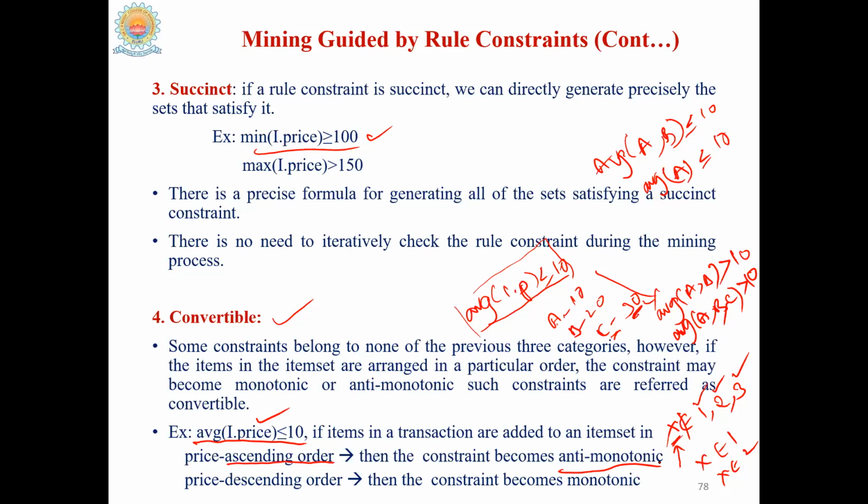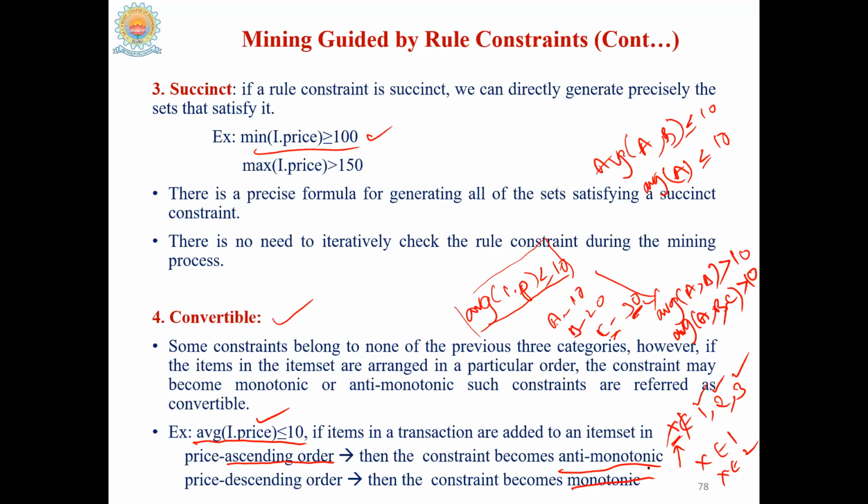Similarly, whenever you have placed it in descending order, the constraint becomes convertible into a monotonic property, or the constraint obeys the monotonic property. Those kinds of constraints come under convertible constraint.